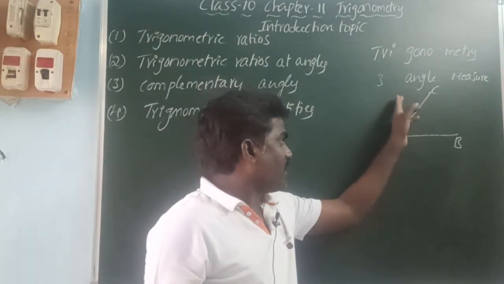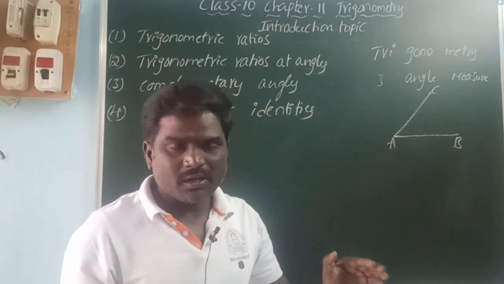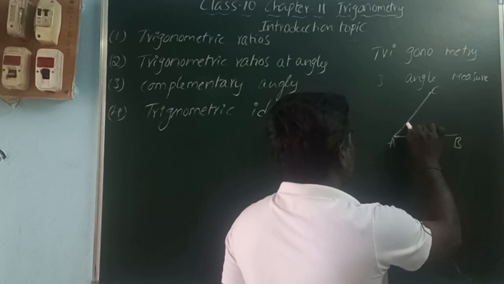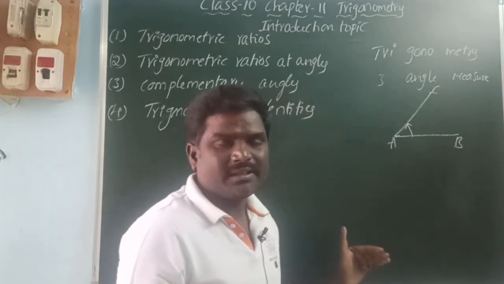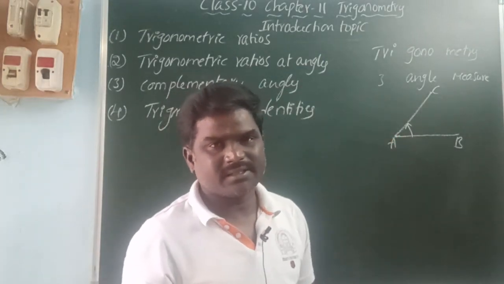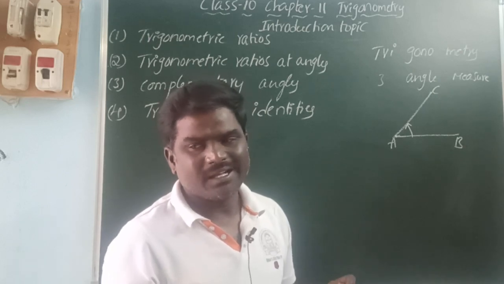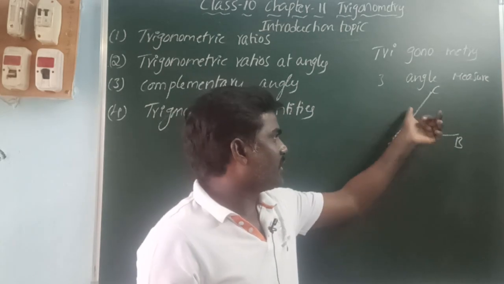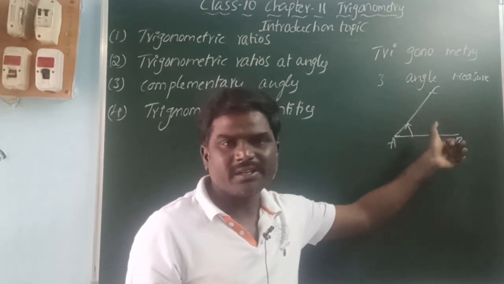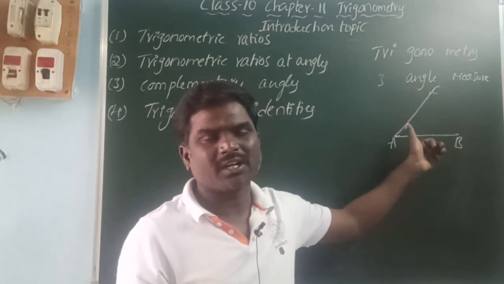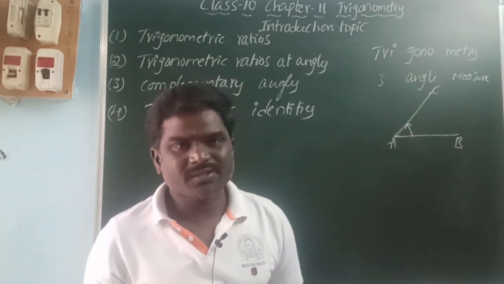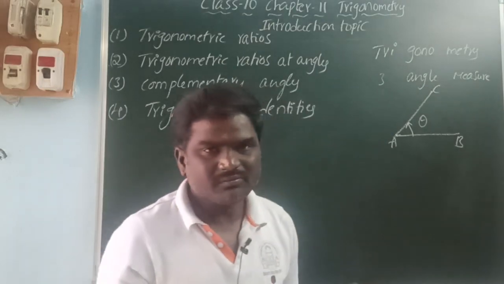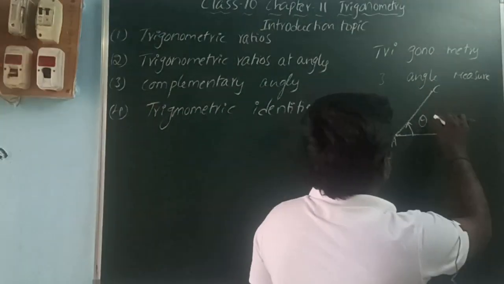So here this is called an angle, or the amount of rotation of any two line segments or any two rays or any two lines at one common point. That rotation is called angle. So angle is denoted by theta.